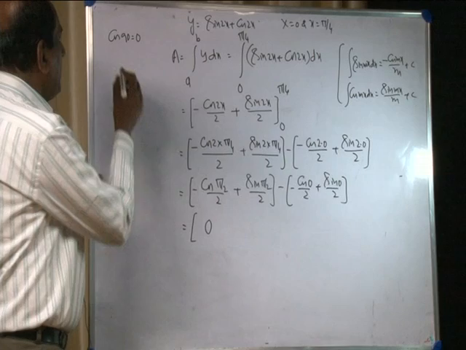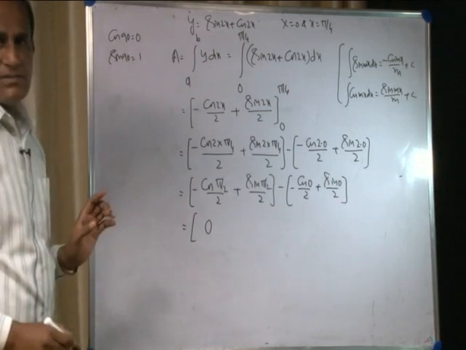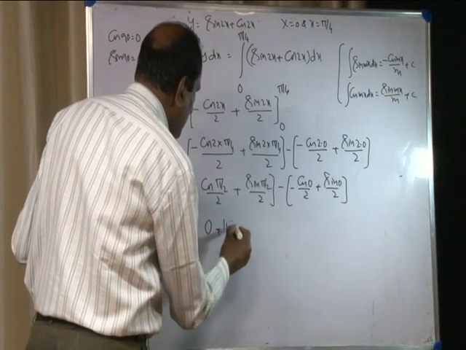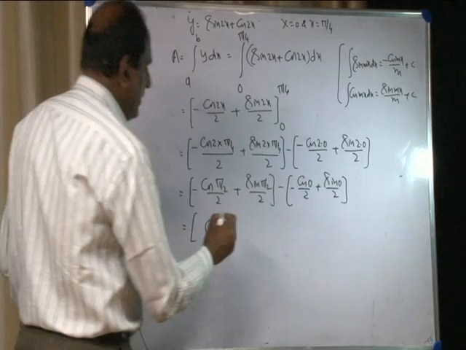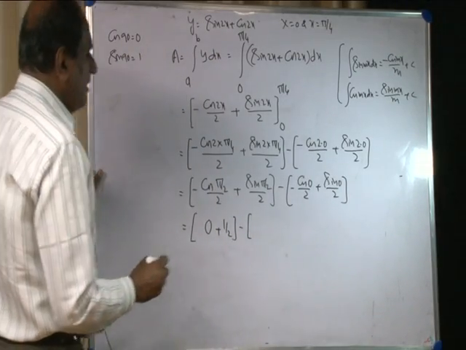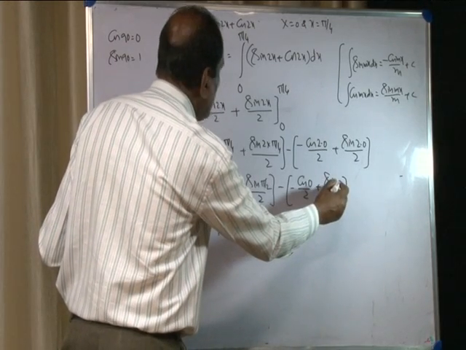What is sin pi by 2? That is sin 90, a standard angle value, which is 1. So, plus 1 by 2, close the bracket, minus cos 0, which is 1, so minus 1 divided by 2. Sin 0 is 0.